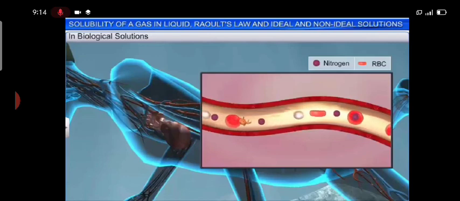If the diver returns to the surface too rapidly, then the nitrogen forms bubbles in the blood as it becomes less soluble due to a decrease in the pressure. These bubbles are dangerous as they can plug small arteries and cause serious damage by stopping the flow of blood to a particular organ.